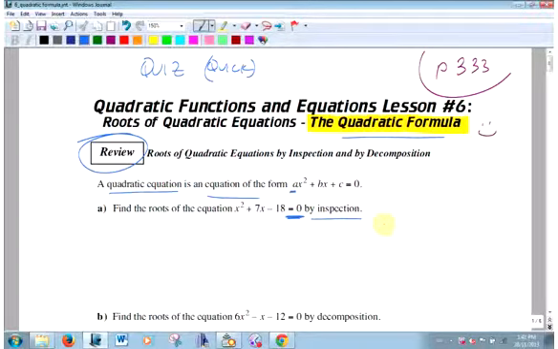What's probably maybe the easiest way? Anybody? Factoring. What 2 numbers multiply to negative 18 and add to 7?